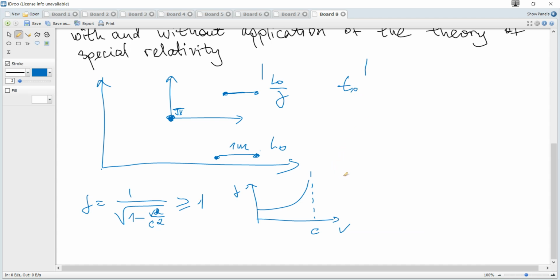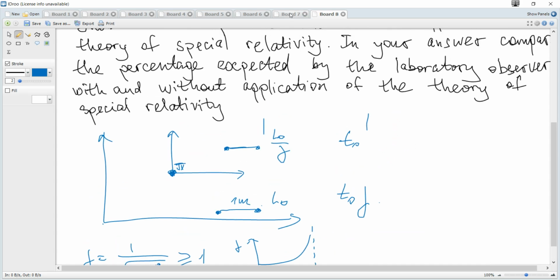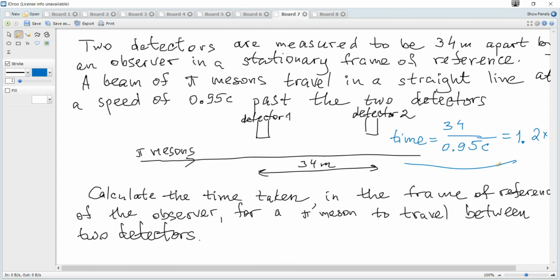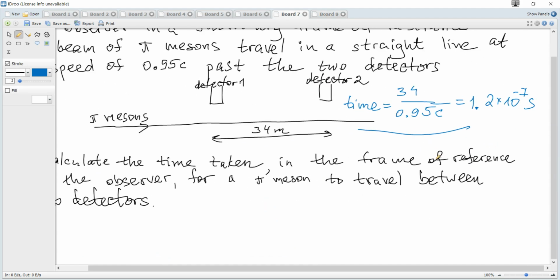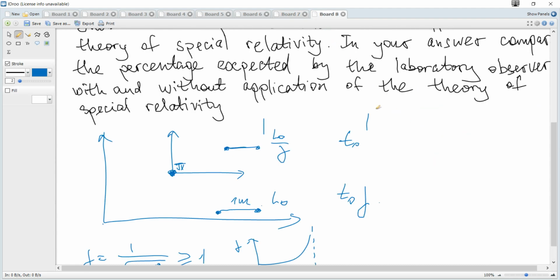But from the Earth, we watch slow motion and measure dilated, meaning larger, time. So the value measured in the laboratory is dilated time. In the reference frame relative to the pi meson, time will be 1.2 times 10 to negative 7 divided by gamma. It will be less, it will be proper time.